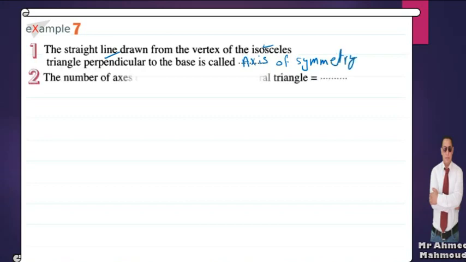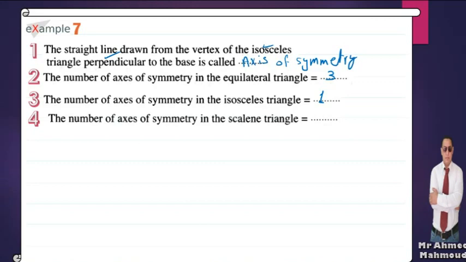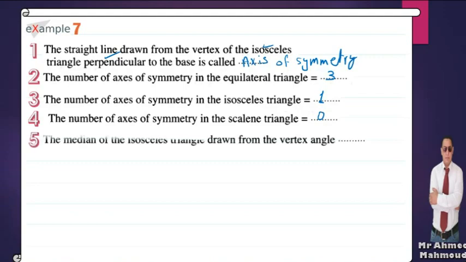The next required, the number of axes of symmetry of the equilateral triangle is 3. The number of axes of symmetry of the isosceles triangle is 1. The number of axes of symmetry of the scalene triangle is 0.